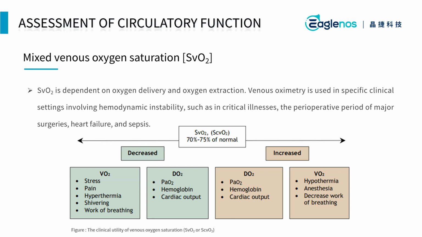It is a key parameter in assessing whether tissues are receiving adequate oxygen supply relative to their demand. Venous oxygen saturation is particularly useful in critically ill patients or those experiencing hemodynamic instability. In these patients, monitoring venous oxygen saturation can provide valuable information about the adequacy of oxygen delivery and the ability of tissues to extract oxygen effectively.